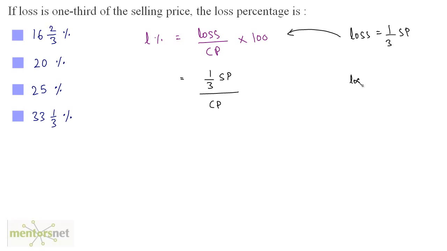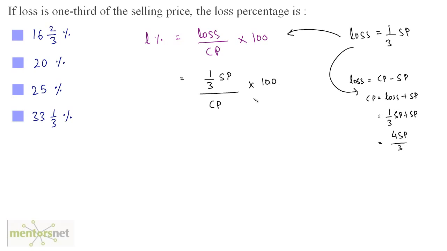Well, loss is again equal to the cost price minus the selling price. So cost price is equal to loss plus selling price. But loss is 1/3 of SP. So cost price is 1/3 of SP plus SP. So what I have is 4 selling price upon 3. So cost price is 4/3 SP.